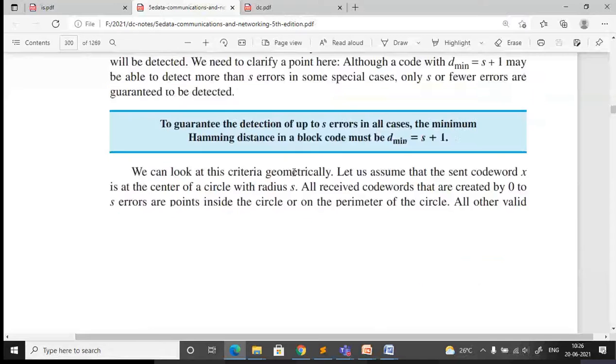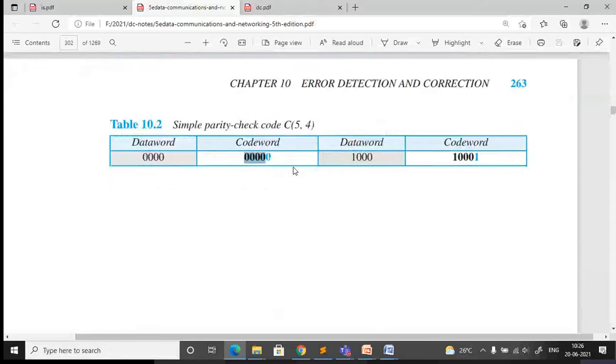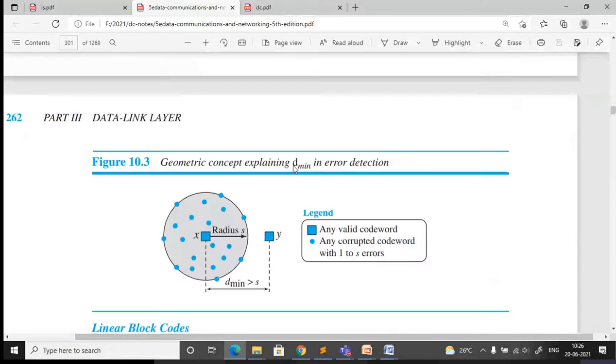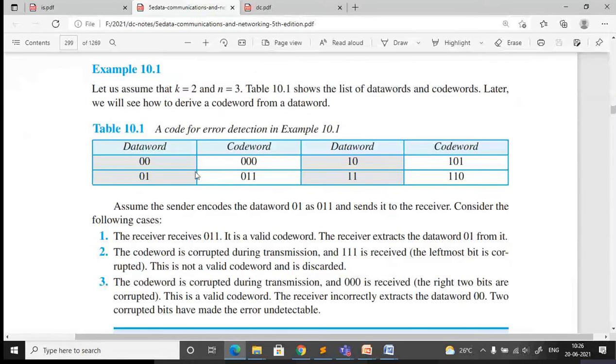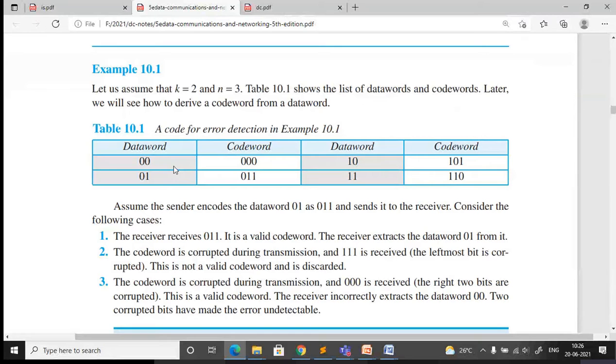The first table is 3 bit, and this one is 5 bit. So we have calculated the minimum Hamming distance, we got 2, and that indicates that it can detect only a single error. We have observed this in all 3 cases.